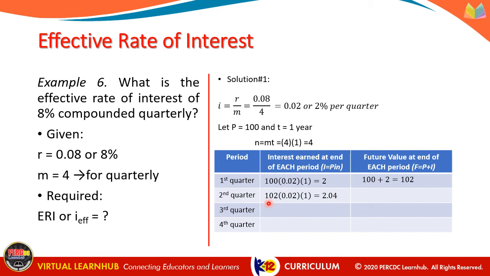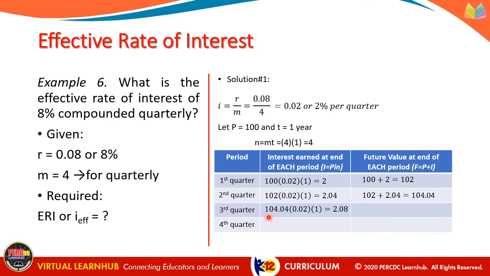For the second quarter, the money will earn an interest of 102 times 0.02 times 1, that is equal to 2.04. So after the second quarter, the money will now become 102 plus 2.04 or 104.04. This will now become the principal for our third quarter computation.